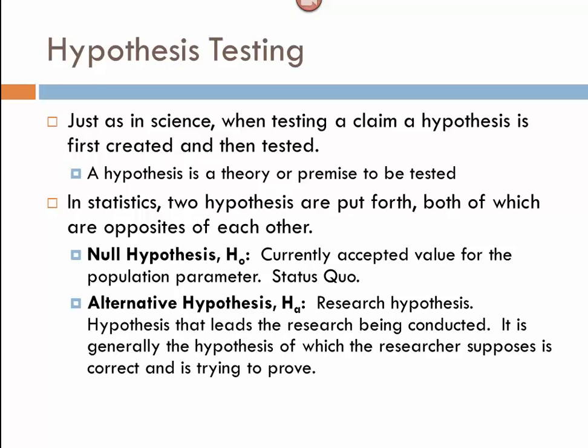The alternative is the one that we wish to replace it with. So if we're putting forth an alternative hypothesis, we are usually in the research position, and we are believing something different about what is currently believed. Discerning between these two is very important before we go any further into hypothesis testing.